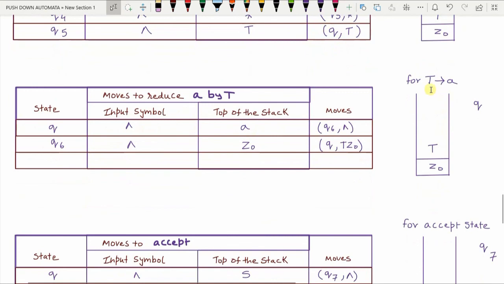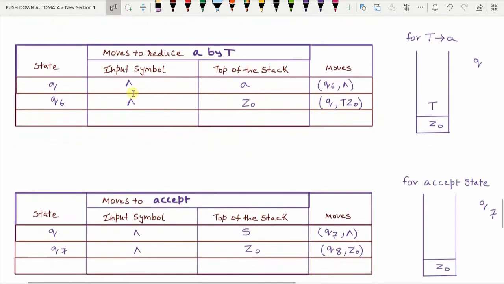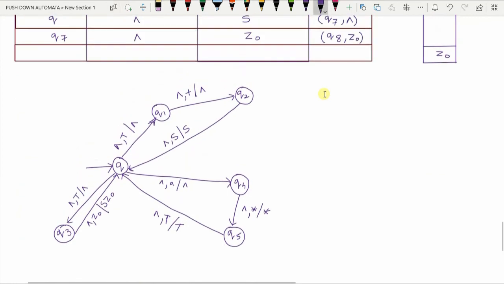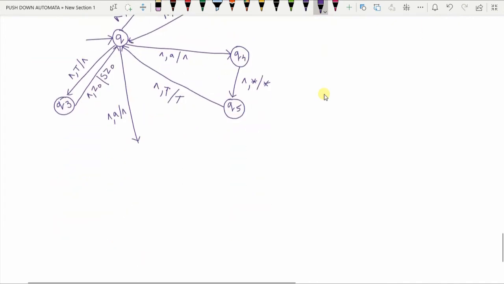Then we are going to do this particular transition. Again from Q, on reading null and A, you go to Q6.